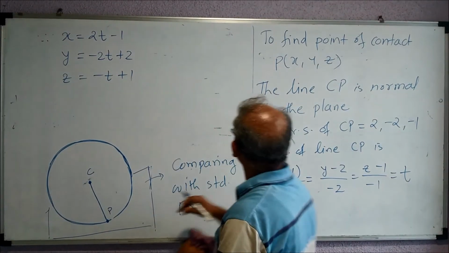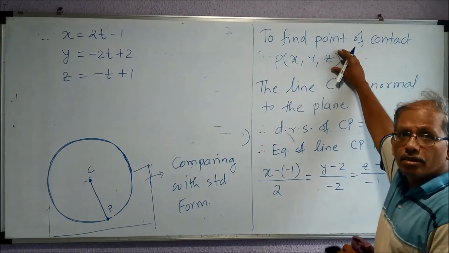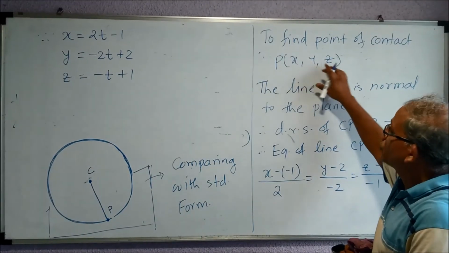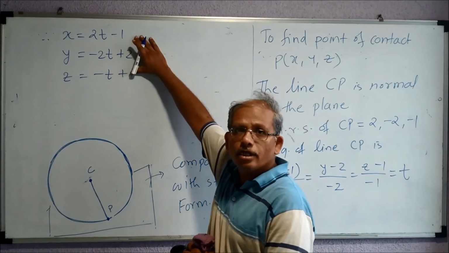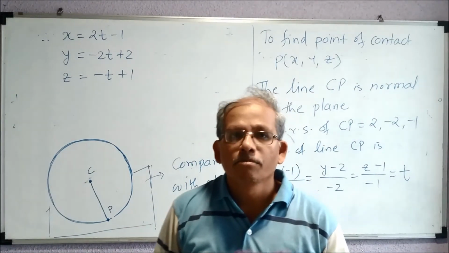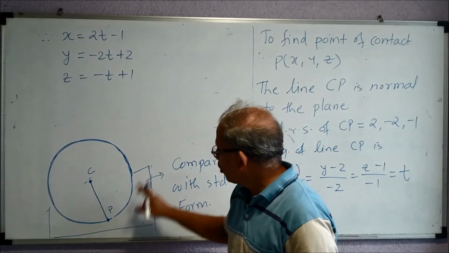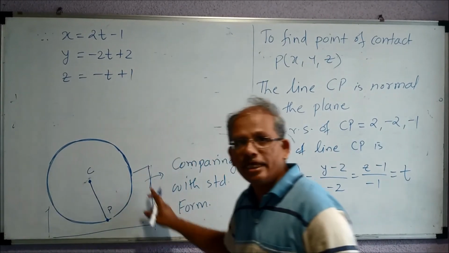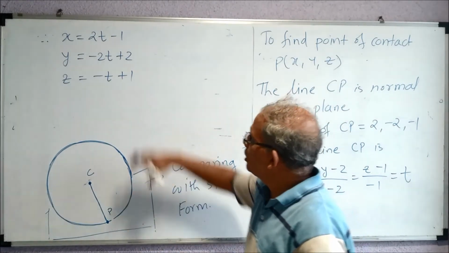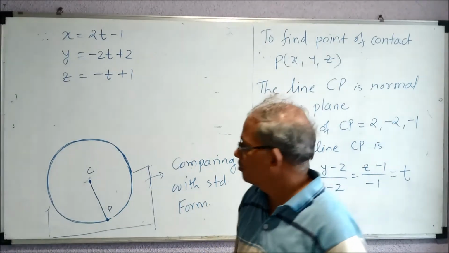So see that we started with P as the point of contact, its coordinates are x, y, z, and now we obtain expressions for x, y, z. But remember, this point P lies on this plane as well, right? So these must satisfy the plane's equation.